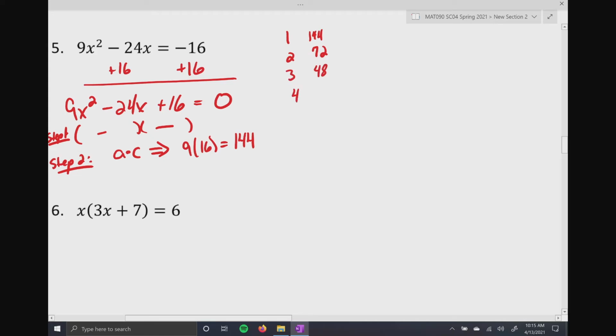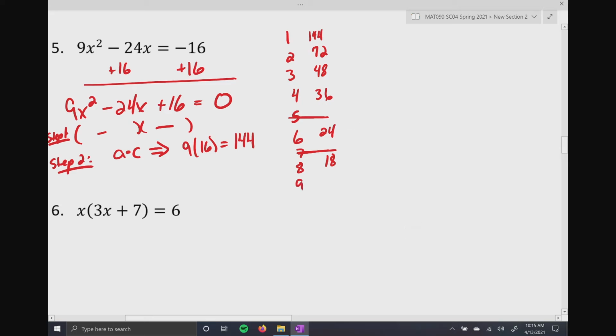What about 4? 36. 36. 5 definitely doesn't work. What about 6? 24. What about 7? I don't think 7 works. Yeah. It doesn't. Yeah, what about 8? 8, and I think it's 18. No. Okay.